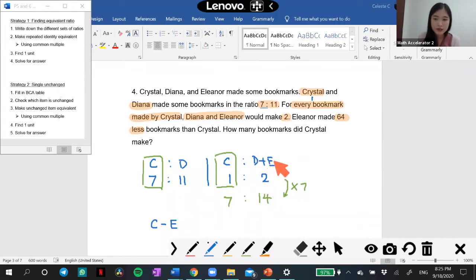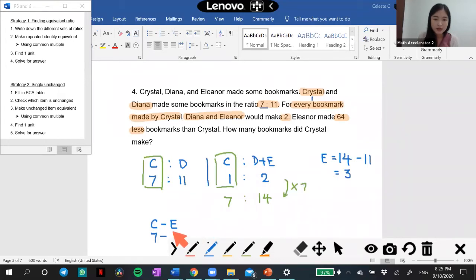Okay, Diana plus Eleanor is 14. We know that Diana is 11. So how to find Eleanor? Right, we have Crystal, we don't have Eleanor. So to find Eleanor, we have to take 14 minus away Diana, right? Diana is within this 14 here. Take it away, and we have 3, which is Eleanor.